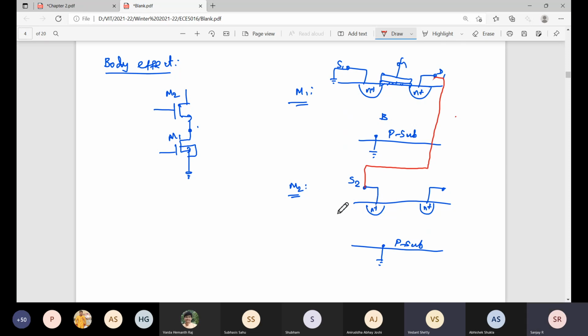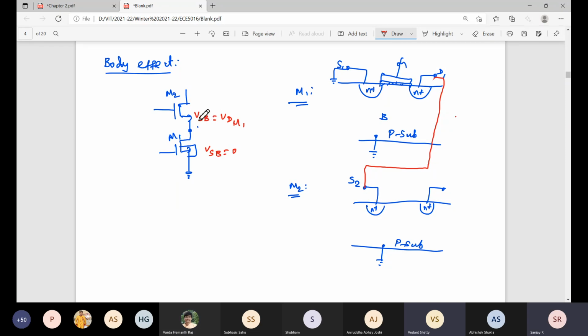So here the source to bulk voltage is 0. What about here? Is the source to bulk voltage equal to the drain voltage of M1? Yes. So definitely there will be a source to bulk voltage in the cascode transistor.